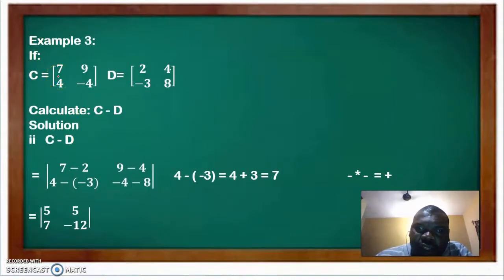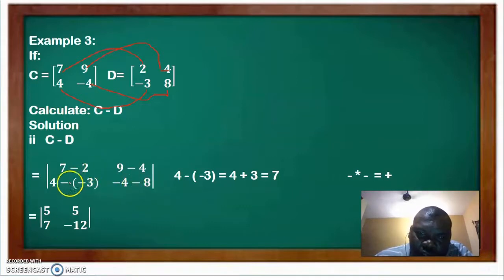For the B part of example 3, C minus D. This time around, 7 minus 2, then 9 minus 4, then 4 minus minus 3, then minus 4 minus 8.